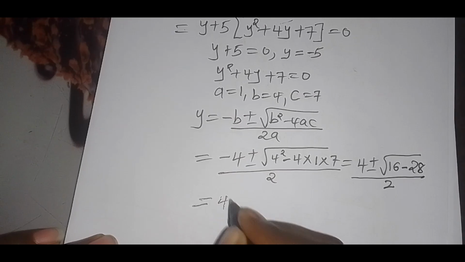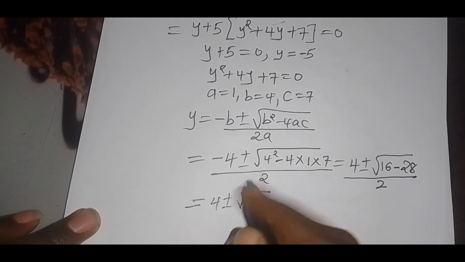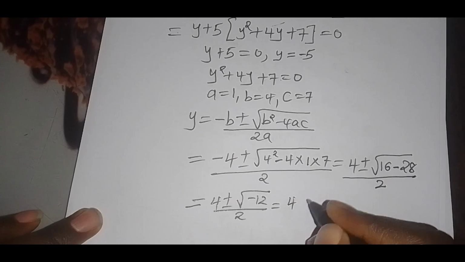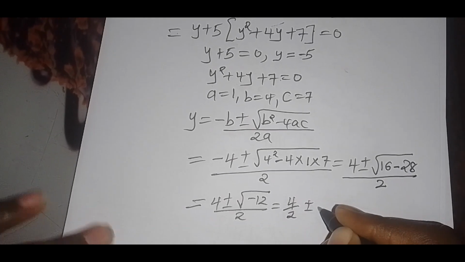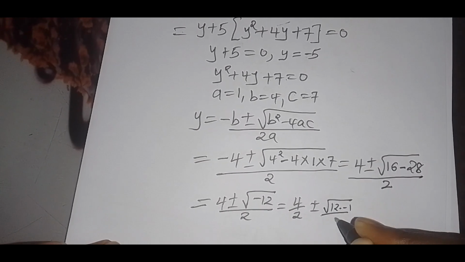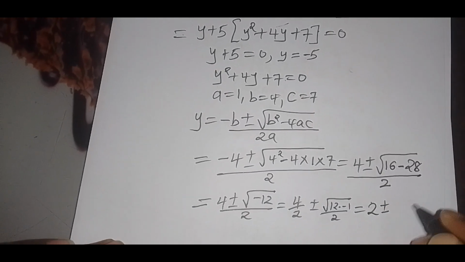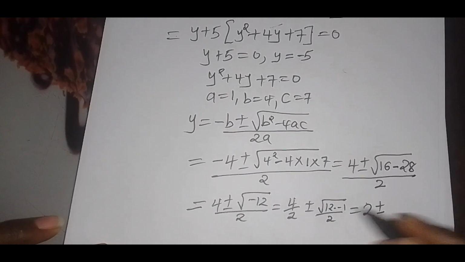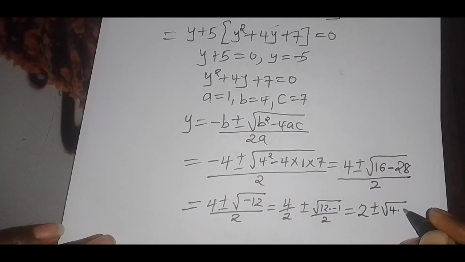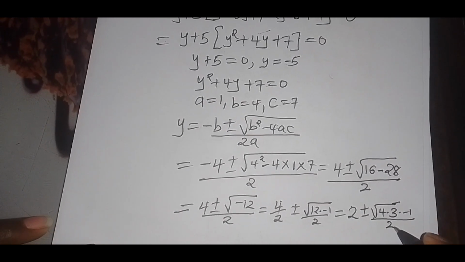So now we have negative 4 plus or minus the square root of negative 12, divided by 2. Okay, so this is negative 4 divided by 2, plus or minus the square root of 12 multiplied by negative 1, which is negative 2 plus or minus the square root of 12. Now this can be expressed as 4 multiplied by 3 multiplied by negative 1, divided by 2.